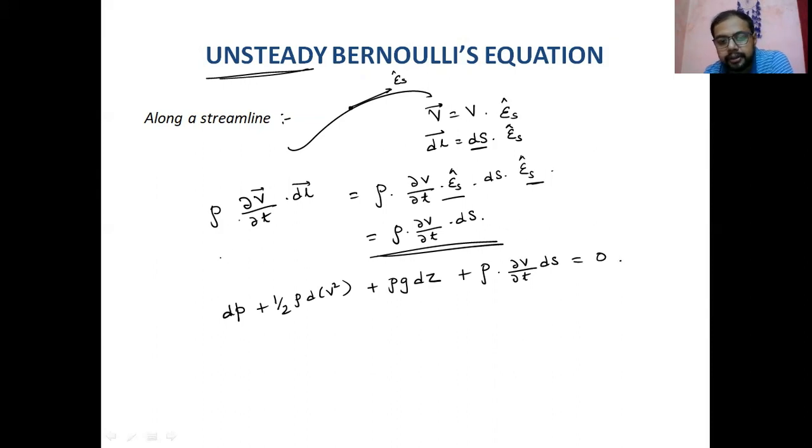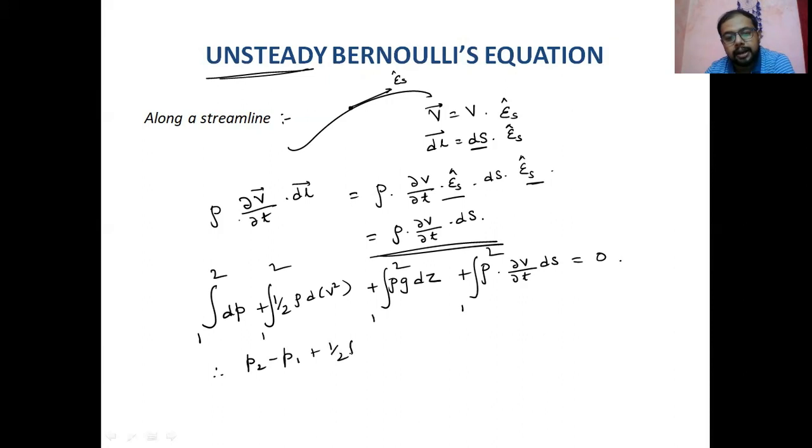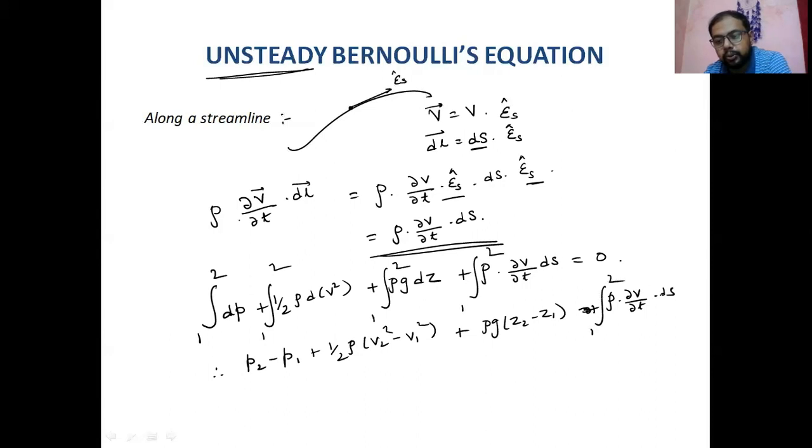The Euler equation we write, and in the case of Bernoulli's, from 1 to 2, if you apply integration, after doing the integration we can write P2 minus P1 plus half rho V2 square minus V1 square plus rho g Z2 minus Z1 is equal to the integral from 1 to 2 of rho del V del T ds.